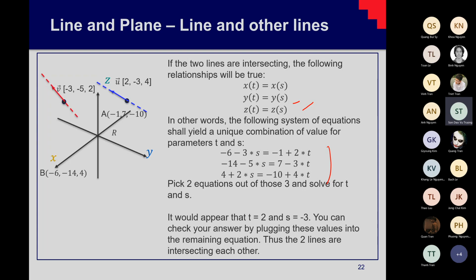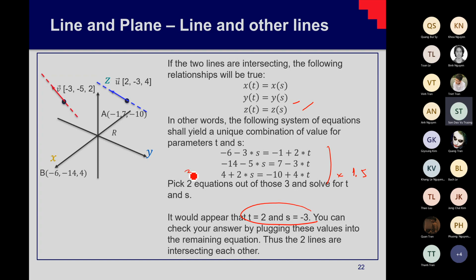We have three equations with two unknowns, so you can pick any two equations to solve for s and t. There are many different ways to do this, and you can find that t equals 2 and s equals -3. One of the simplest ways is to multiply equation 3 by 1.5 and add it to equation 1, then you can get t, and using t you can calculate s easily.